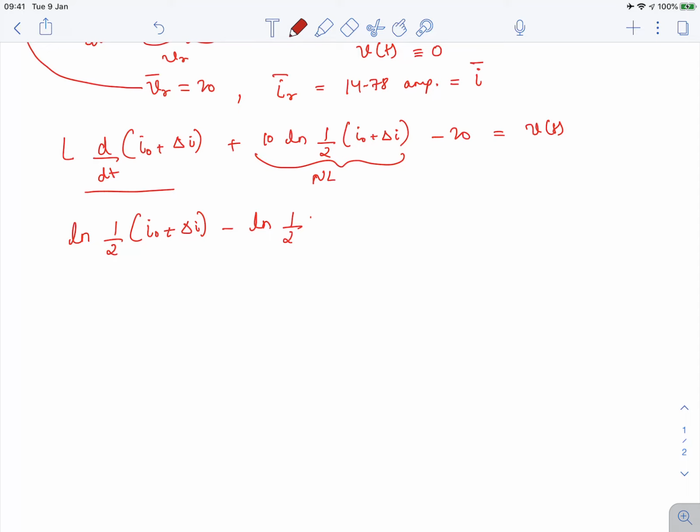Maybe I have used different notations; just a minute. We'll use the same notation. So this is I bar.